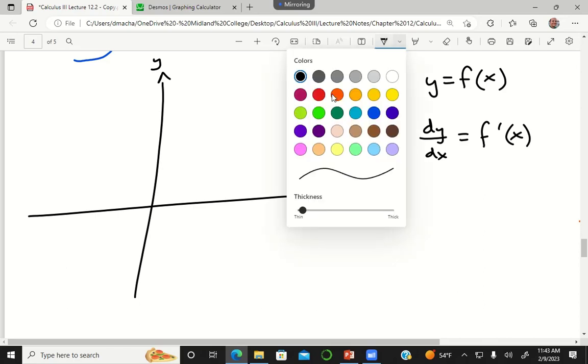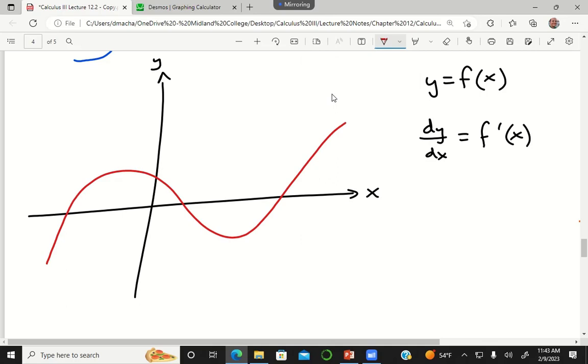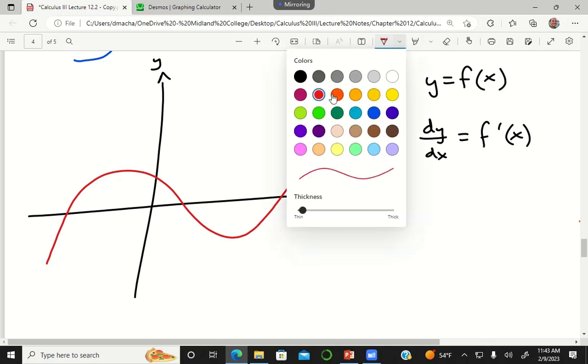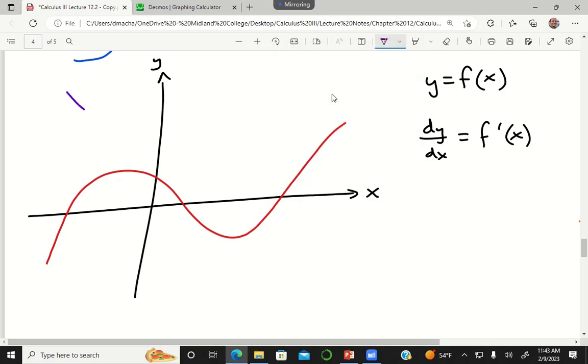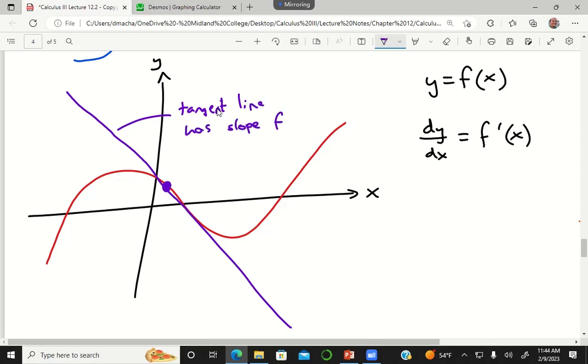What we said in Calculus 1 is that given some function, the derivative was the slope of the tangent line, right? So this tangent line has slope f prime of x.